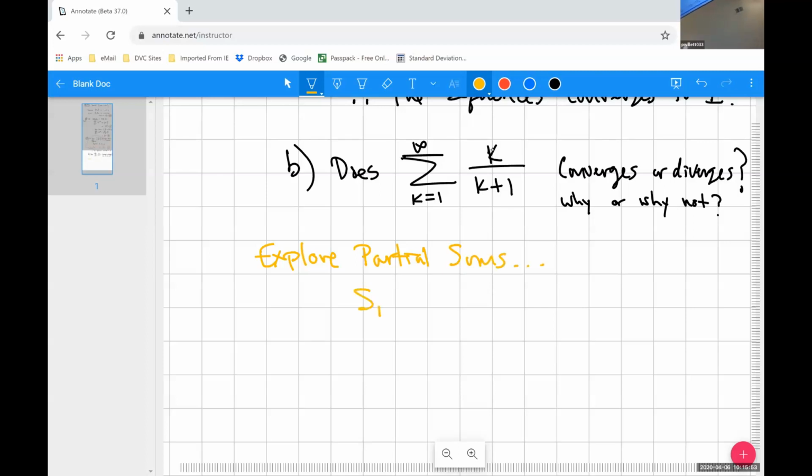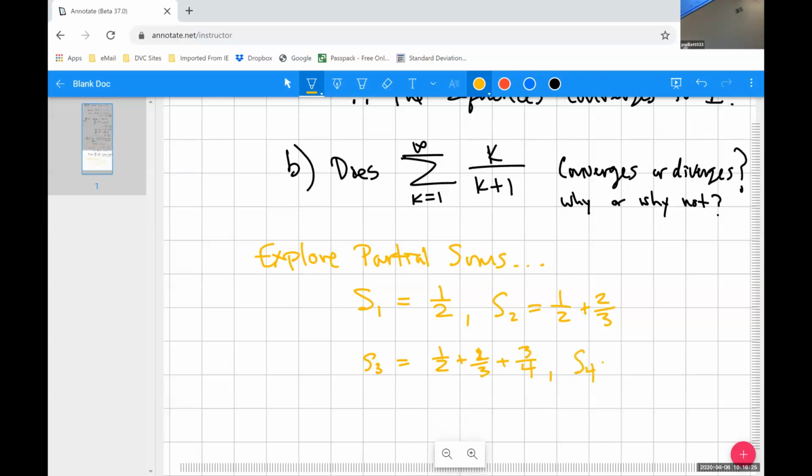S sub 1 would be just the first term, which we already figured out when this was a sequence, which was 1/2, right? Then S sub 2 would be the first term plus the second term, which was 2/3, right? S sub 3 would be equal to 1/2 plus 2/3 plus 3/4.